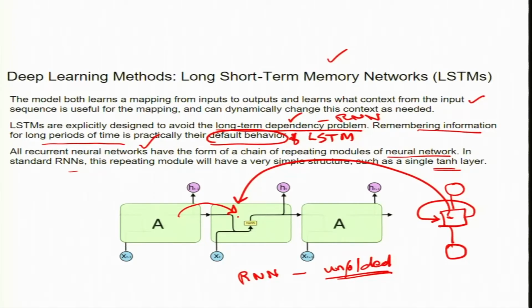So, this previous output of the previous cell is also used here in the calculation, and together with the input it is applied to the tanh, and this tanh will become the output of this particular cell, and it will also give the input to the next cell and so on.